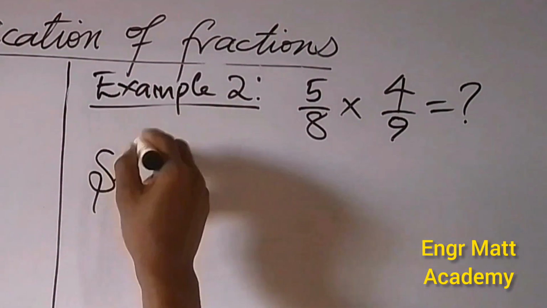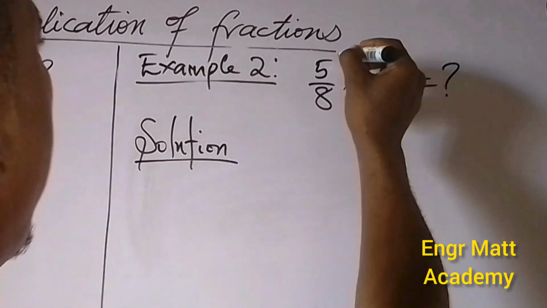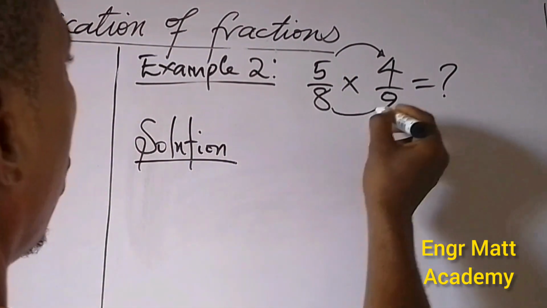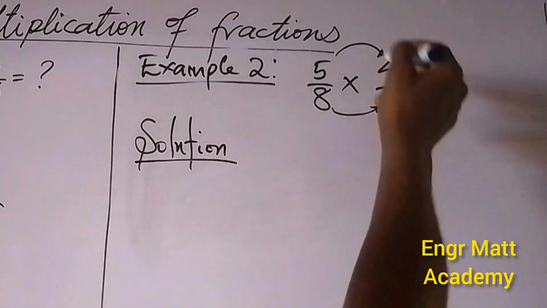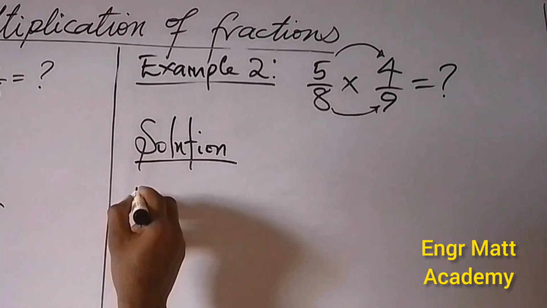Solution. Remember the rule. We multiply numerator by numerator and denominator by denominator. But before we multiply, we need to see if any of the numerators can cancel out any of the denominators.